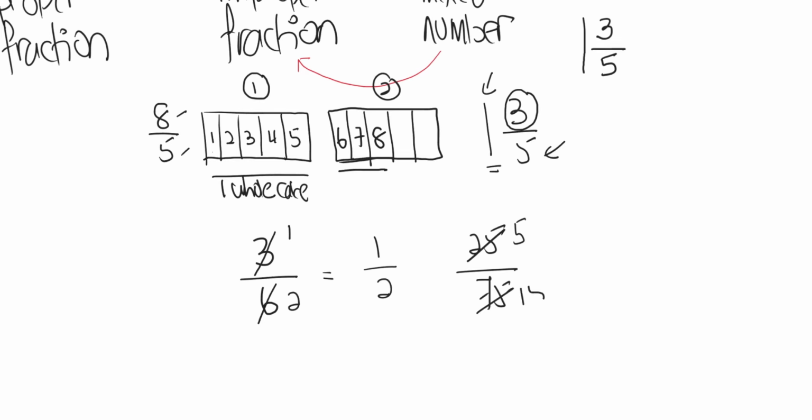Is that correct? Yeah, makes sense. Then I can still continue because 5 and 15 have something in common, which is 5. So I'm going to divide this by 5 again, that leaves 1, and I'm going to divide this by 5, that leaves 3. So therefore 25 over 75 can be simplified to 1 over 3.